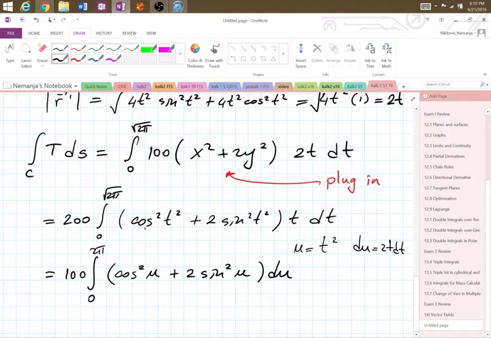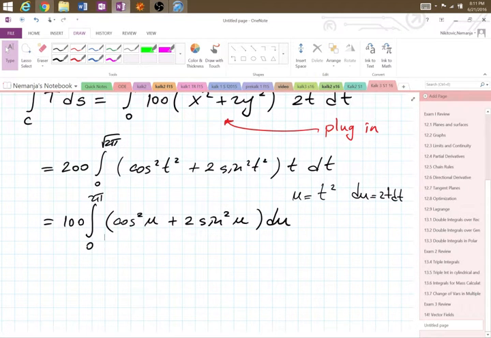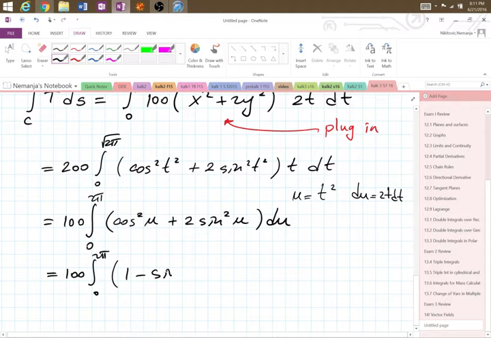So to ease calculations, we can write cosine squared as 1 minus sine squared u plus 2 sine squared u du.